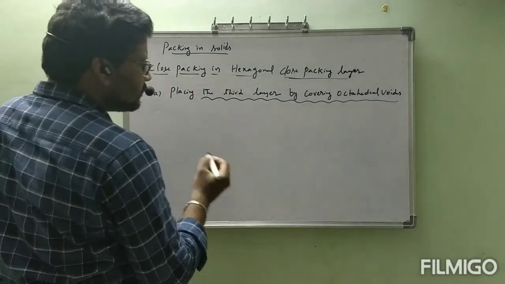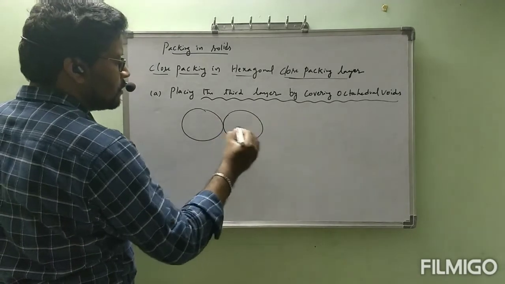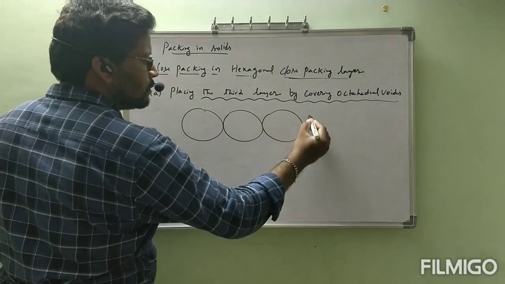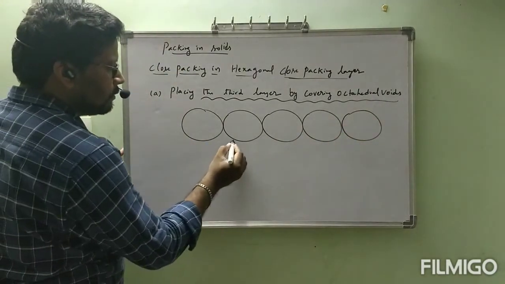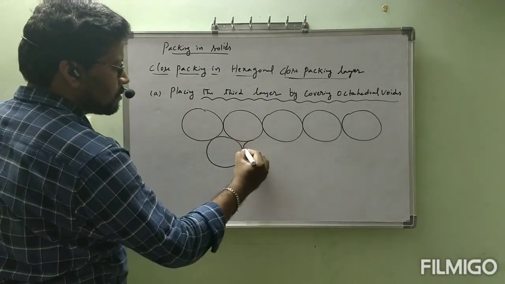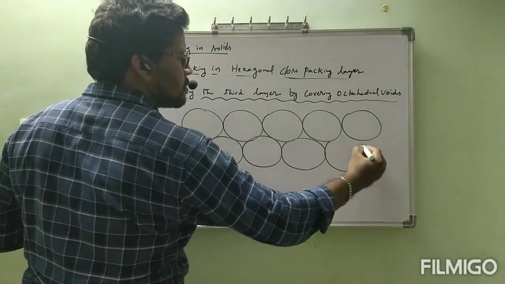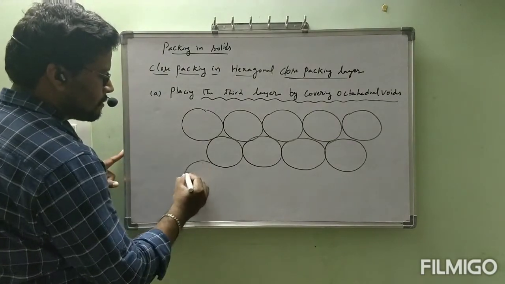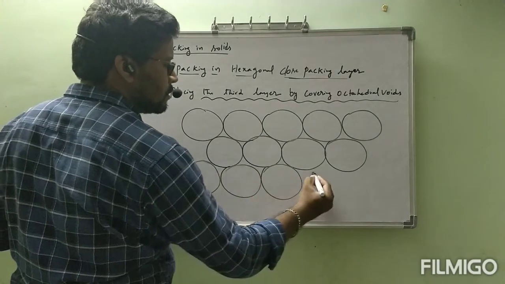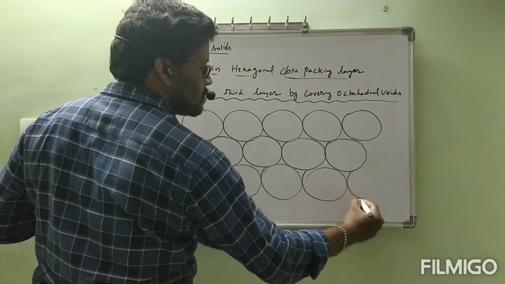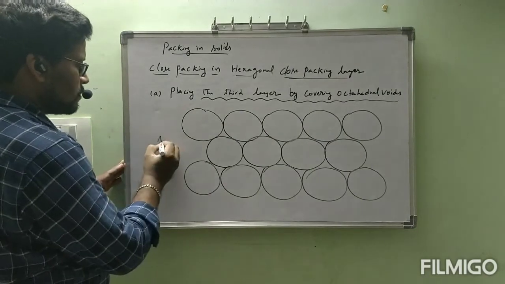Okay, ma? Observe the diagram carefully, all of you. So this is first layer, A. Okay.